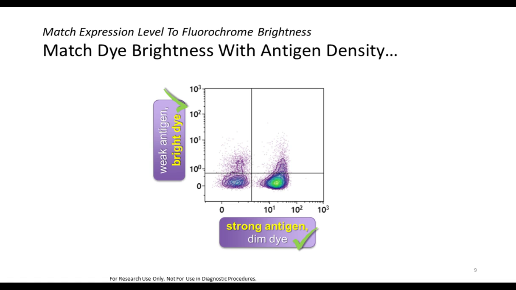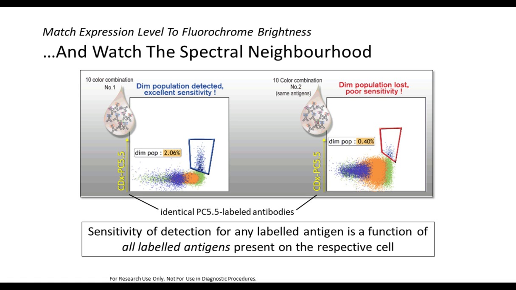Yeah, and let's take this now a little bit further. So we have matched the antigen density with the dye brightness, and we have done this considering the brightness of the dye, but also the spillover that it conveys to other detectors. And here's just an example of what that can mean in real life. So we have two 10-color panels here in this picture.